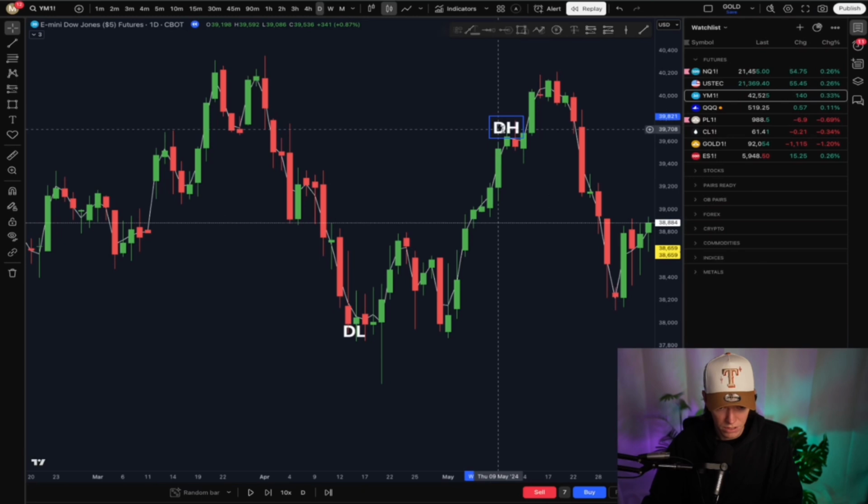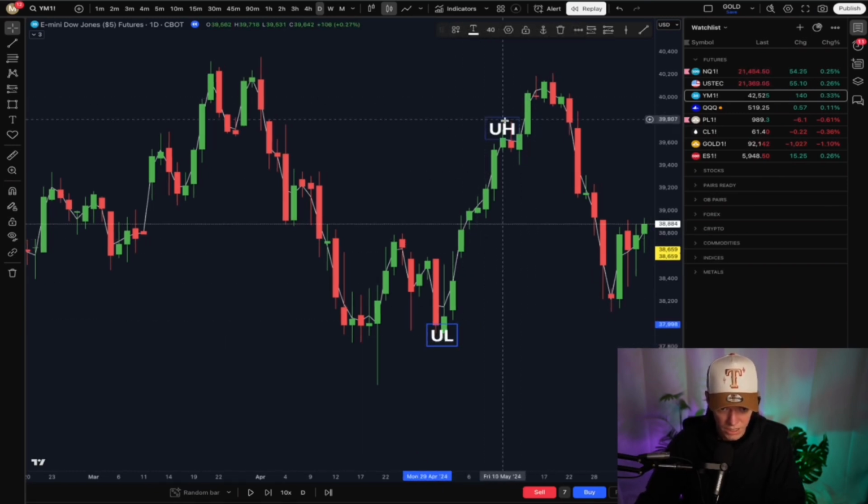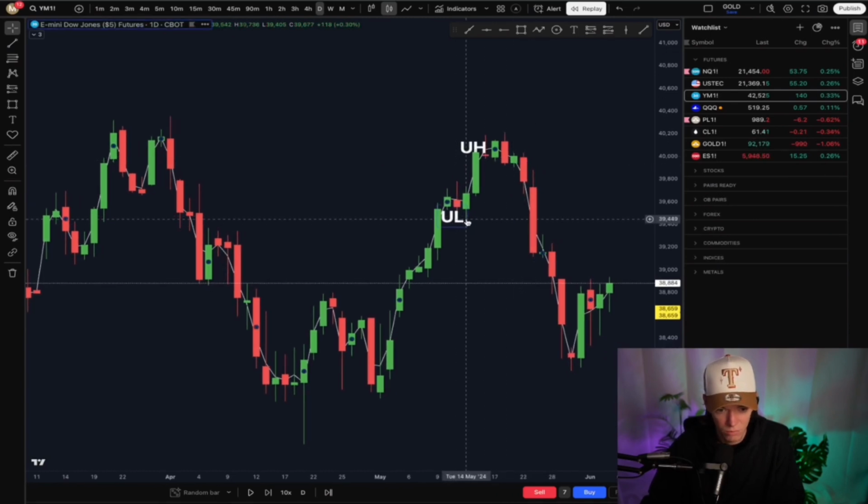This becomes our uptrend high. And this is our uptrend low. And then we get another break. Uptrend high, uptrend low. That didn't really break, so we're not going to break that wick, so we're not going to include it. We need this broken for it to be a downtrend.